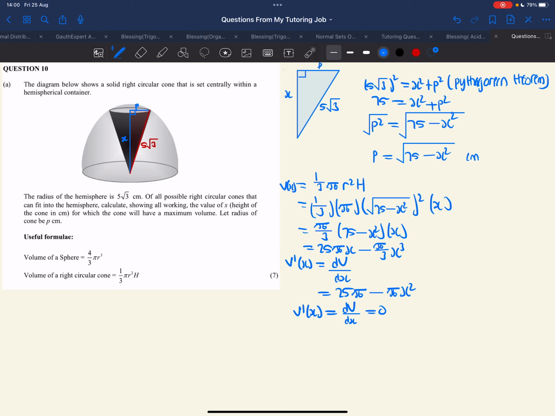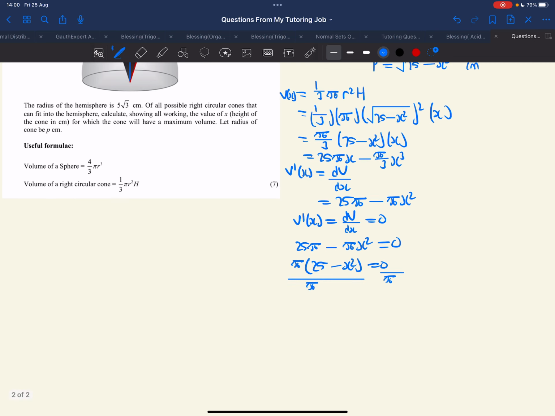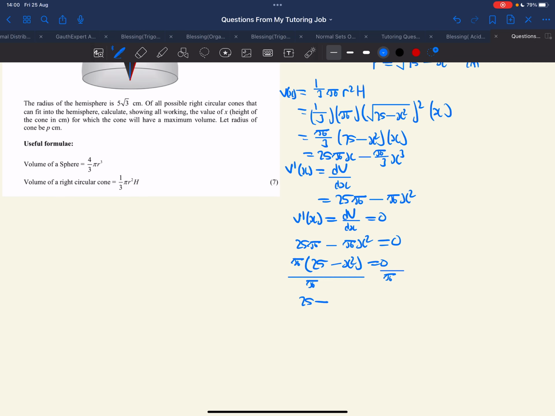Now if I do that, I'm gonna say 25 pi minus pi x squared is equal to 0. Then I can just take out the pi, so I'm left with 25 minus x squared equals 0. Dividing both sides by pi, it's just gonna be 25 minus x squared equals 0.